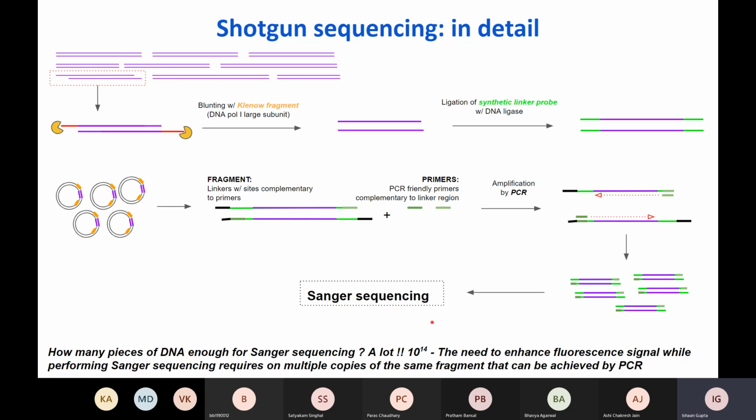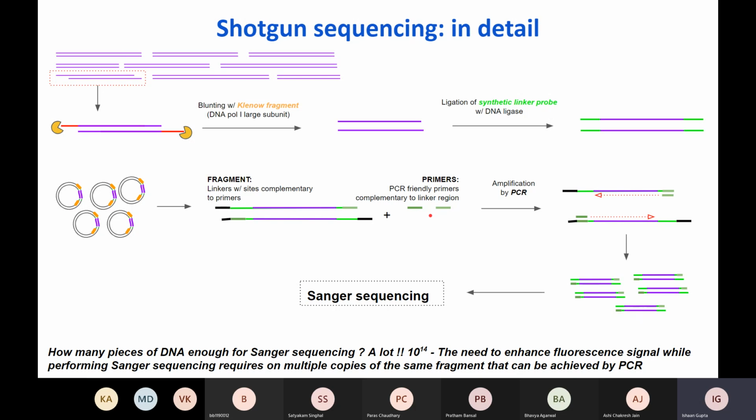That is what people were doing before the advent of next generation sequencing, and these methods I'm showing you on the slide were therefore called first generation sequencing.